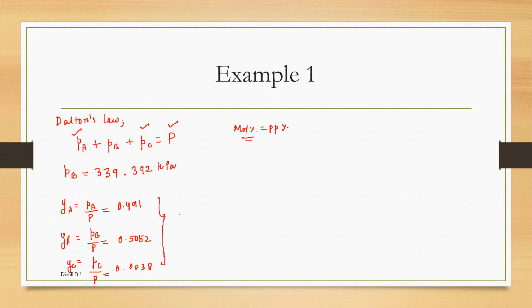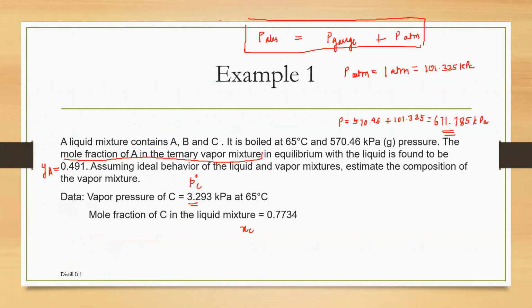This is the composition in the vapor phase. Hope you have now understood how to apply the various gas laws. Using this example, I have tried to explain how to use Raoult's law in combination with Dalton's law to calculate the composition in the vapor mixture.